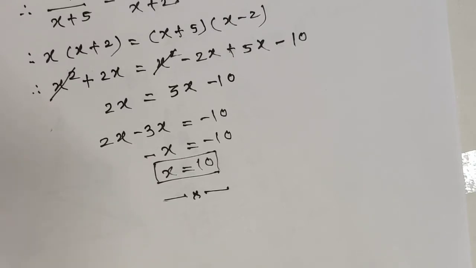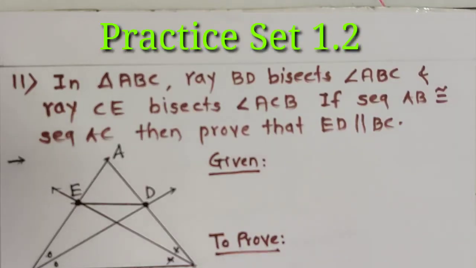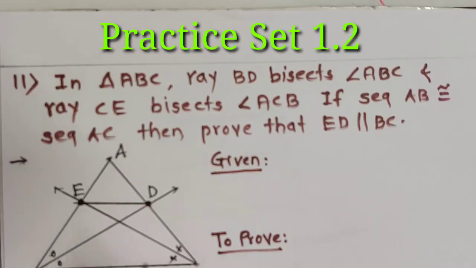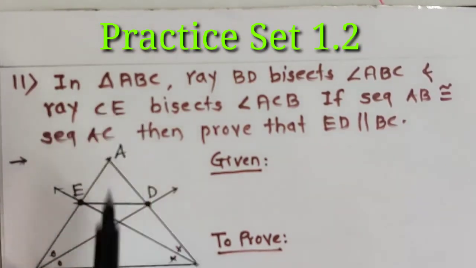Now let us see the last sum from this practice set 1.2. Friends, here it is the last sum from practice set 1.2. In triangle ABC, figure is not given, only that statement is given.